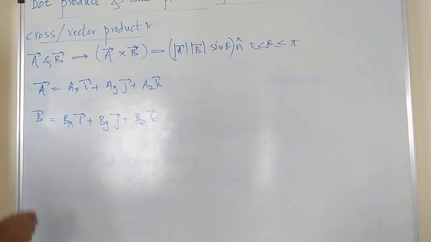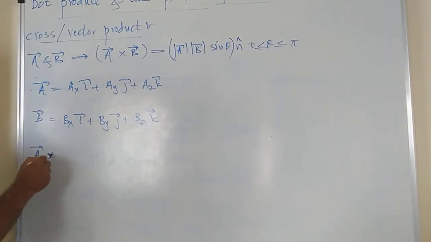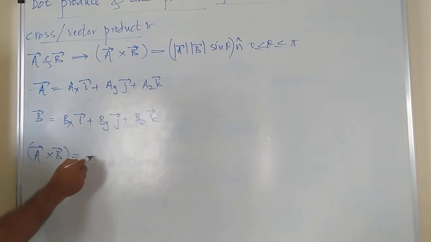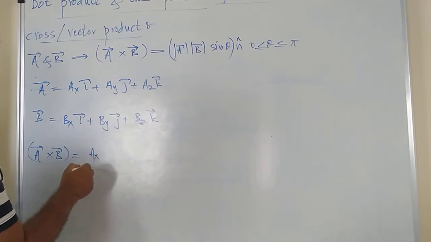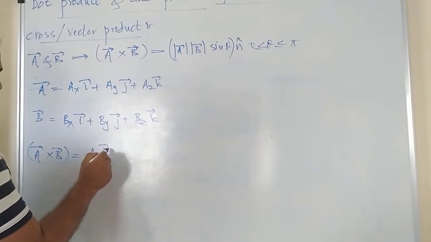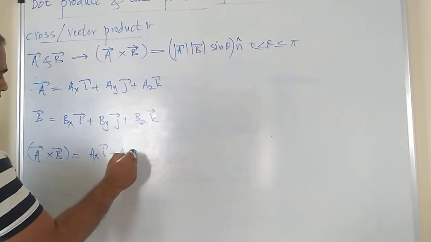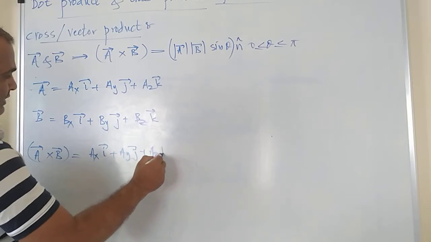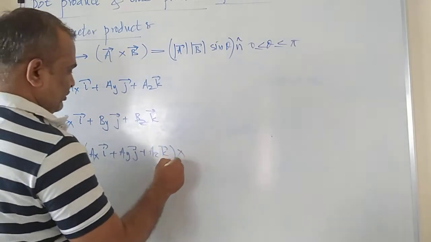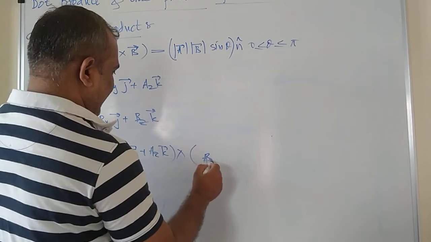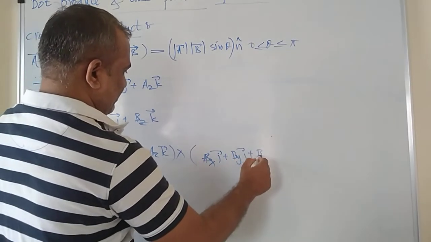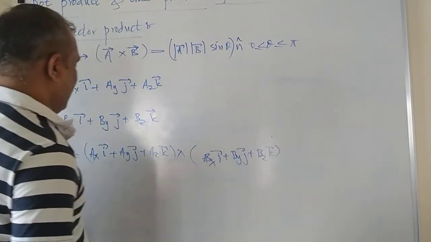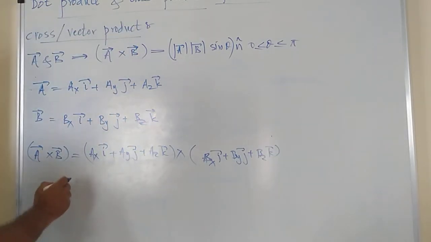These are two vectors, and the cross product a bar cross b bar is equal to, shall I write it again? ax i bar plus ay j bar plus az k bar cross bx i bar plus by j bar plus bz k bar. And you can take the cross product of the two vectors.